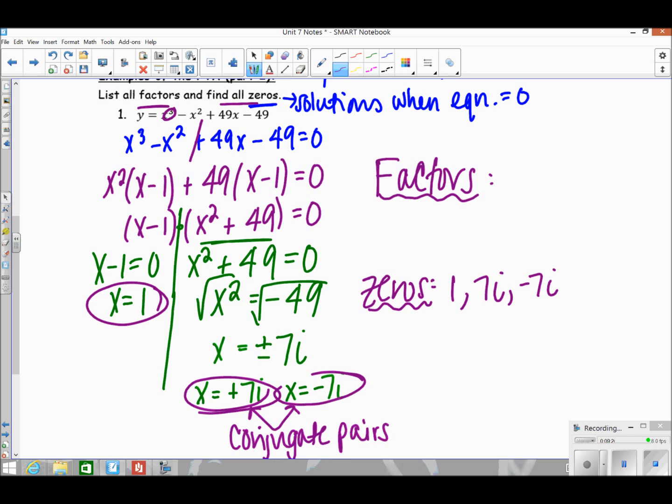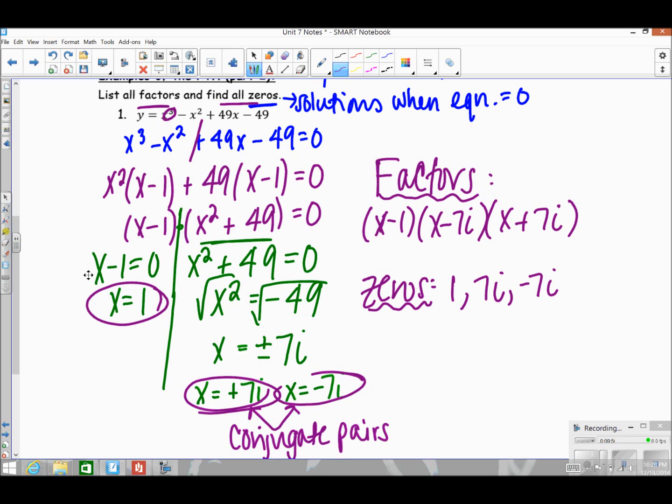Your factors are always going back a step, where it's always opposite signs. So the factors, I have x minus 1, because I'm doing opposite sign. Instead of positive 1, it's negative. And then it's going to be x minus 7i, and then x plus 7i. So those are my factors.